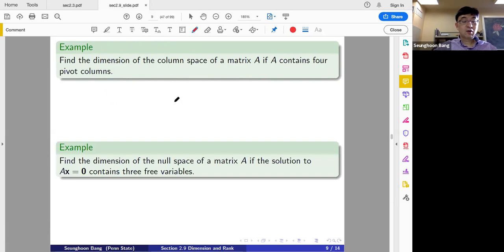The next: find the dimension of the null space of matrix A if the solution to Ax = 0 contains 3 free variables. The dimension of the null space of A is the number of free variables, 3. This is the final answer.